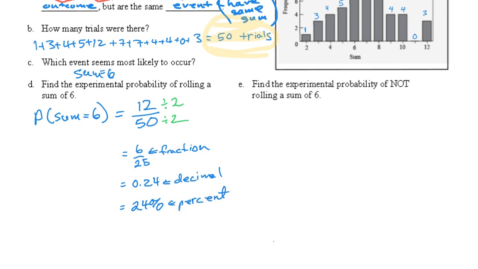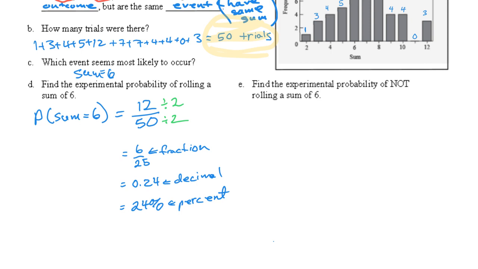And each of those are perfectly acceptable for our final answer for probability. Okay, so 6 over 25. So you're saying 6 out of 25 times this happened, or you can say 0.24, or you could say 24% as our final answer.